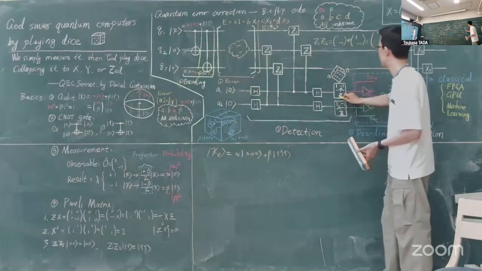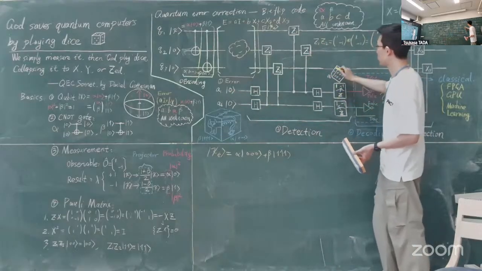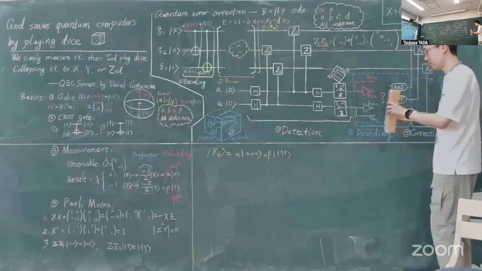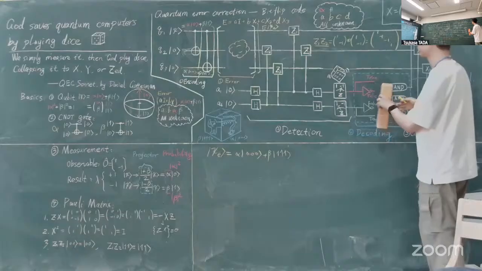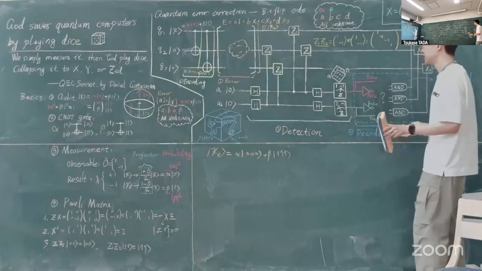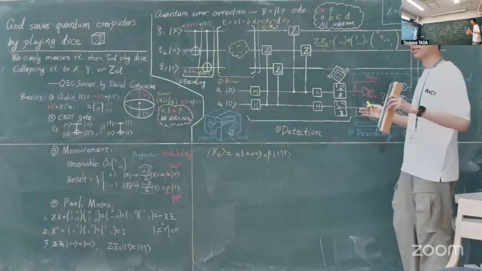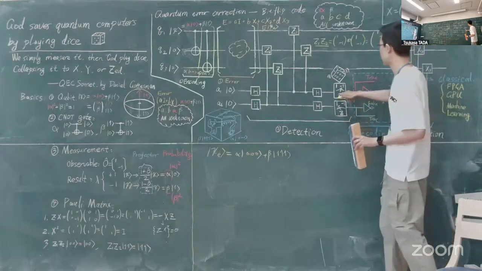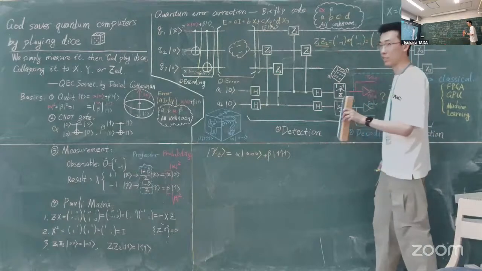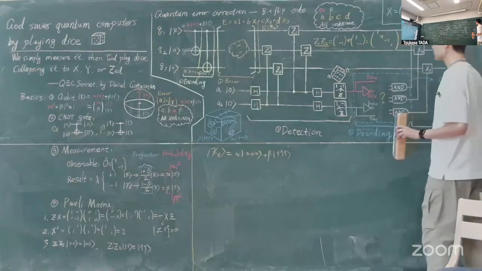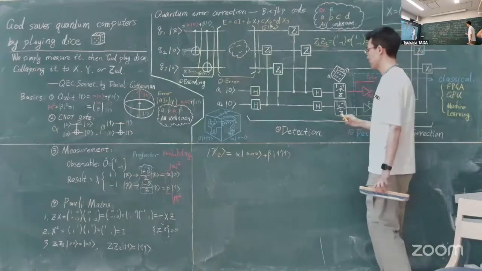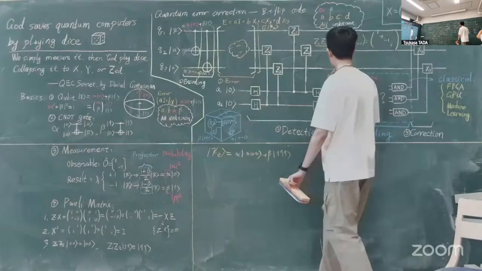So this measurement result corresponds to measuring this expectation. We don't perform the measurement directly on the qubit because it will destroy the qubit. Instead, we perform an indirect measurement on the ancillary qubit, and we just measure this product of Pauli matrices. So we can see what is the result after this measurement.